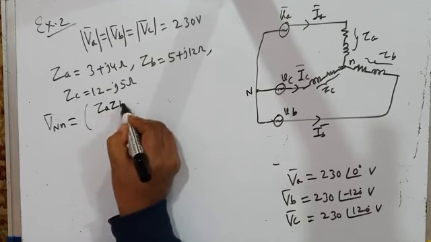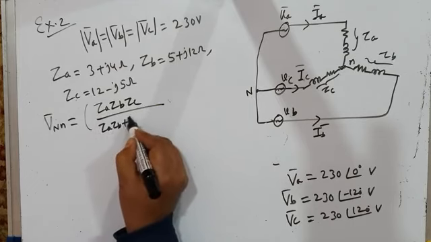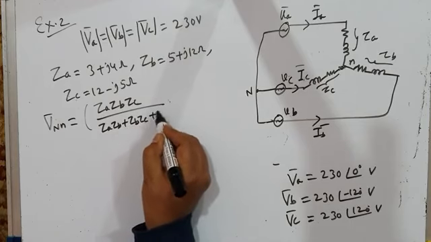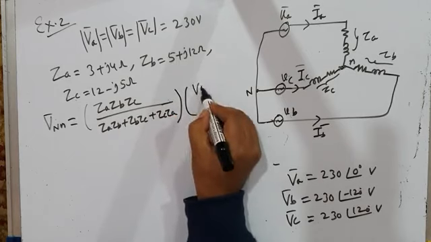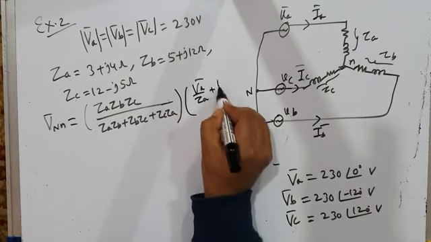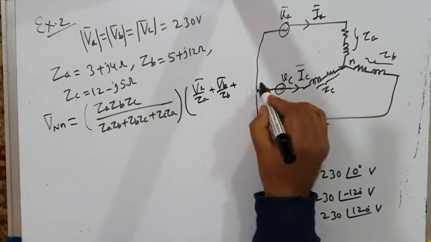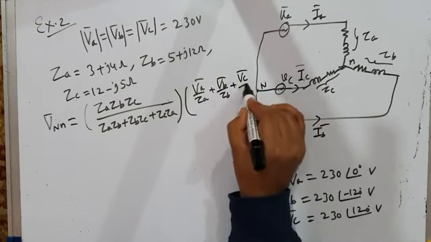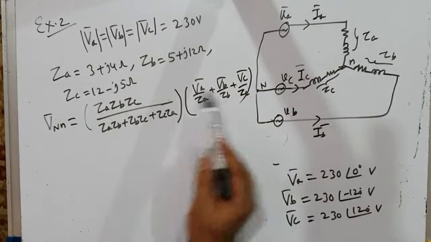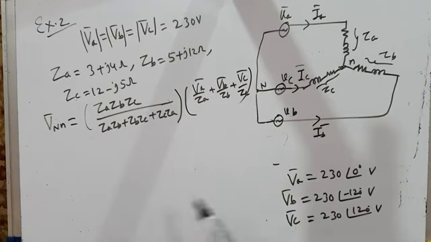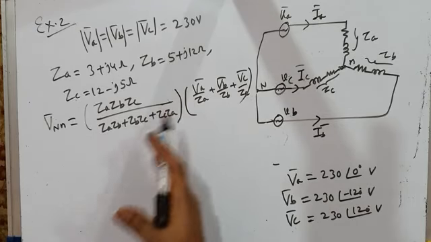VNN is equal to ZA ZB ZC whole divided by (ZA ZB plus ZB ZC plus ZC ZA), into (VA by ZA plus VB by ZB plus VC by ZC). This is a very well known problem and a very well known formula. Now it is very easy. It's the job of the calculator. You don't have to apply your brain here.